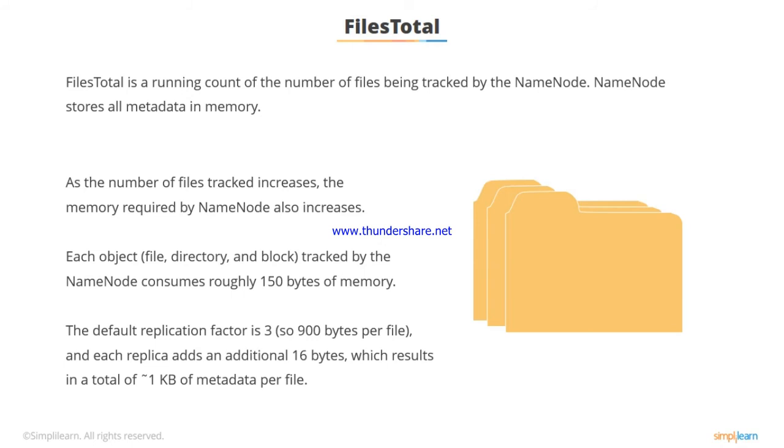That doesn't sound like much until you factor in the replication of data. The default replication factor is 3, so 900 bytes per file, and each replica adds an additional 16 bytes, which results in a total of approximately 1 KB of metadata per file. That may still not sound like much, but as your cluster expands to include millions of files, you should keep this number in mind and plan to add additional memory to your NameNode.